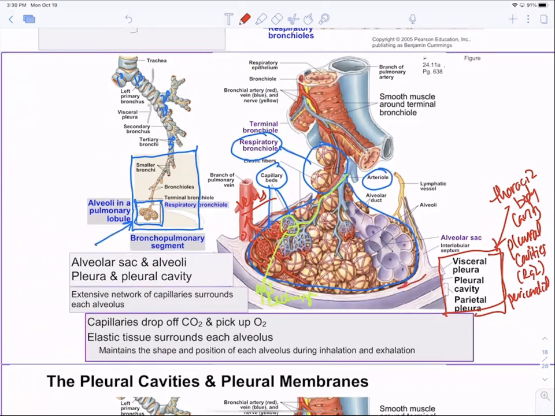So the inner membrane, right, serous membrane, is the visceral pleura. Then here is the pleural cavity, and then you have the outer membrane, which is the parietal pleura. So please go back over. You do need to know the thoracic body cavity membranes.